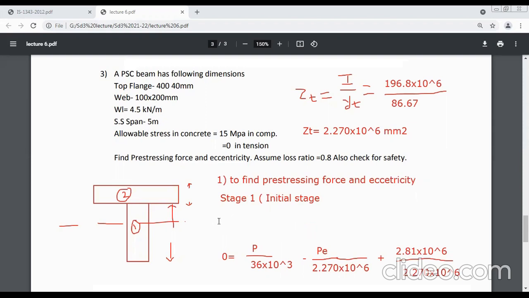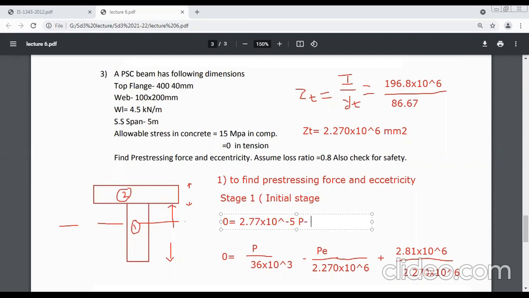My equation: 0 is equal to 1 divided by 36 into 10 raised to the power 3, which gives 2.77 into 10 raised to the power -5 in terms of P, and next minus 1 divided by 2.270 into 10 raised to the power 6.